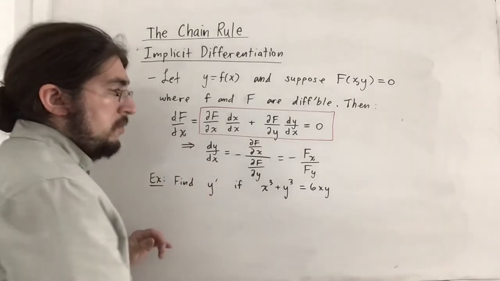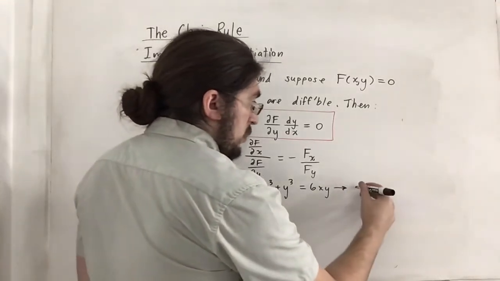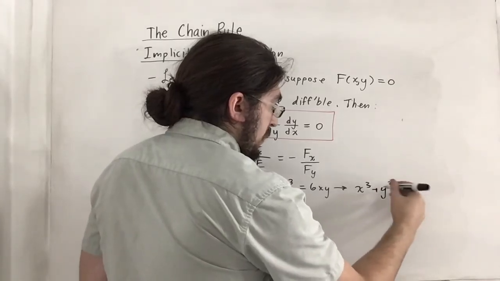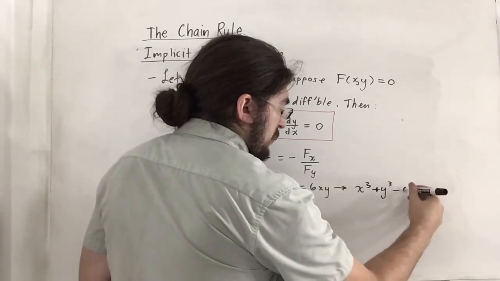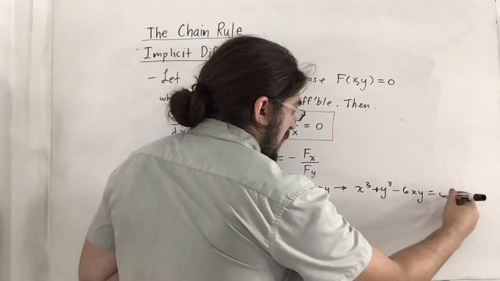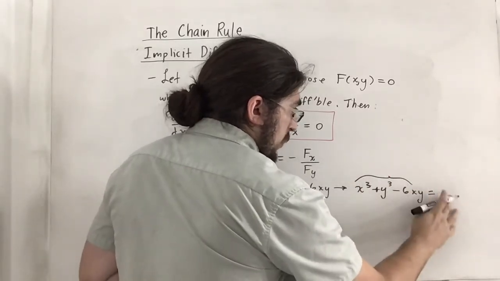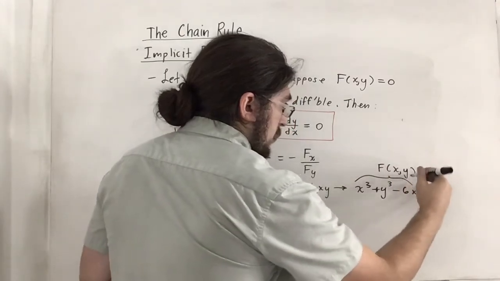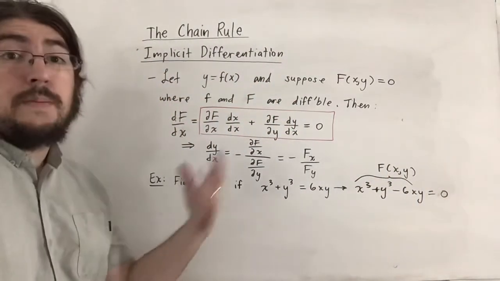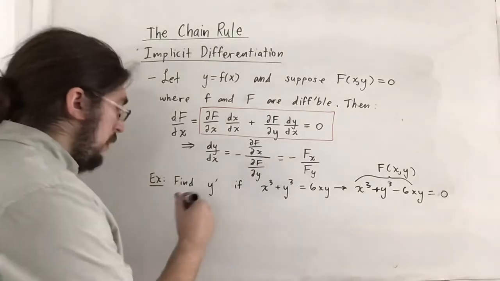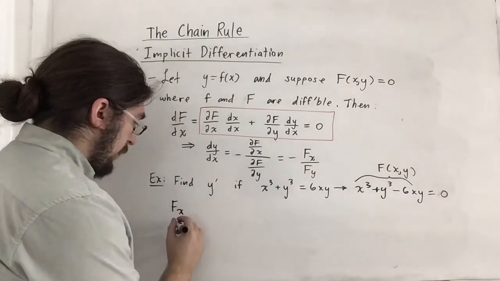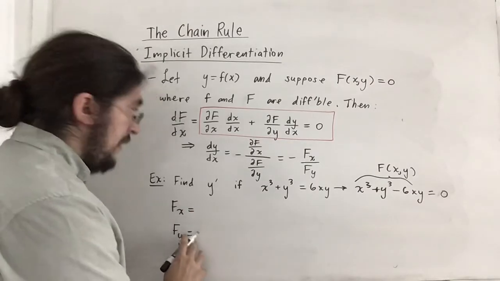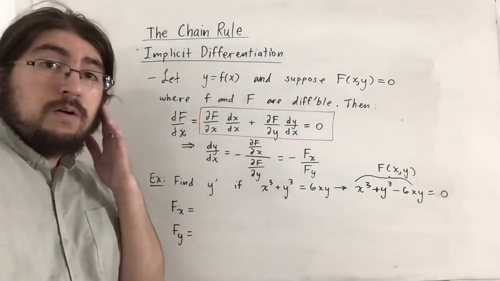But instead what I'm going to do is move everything to one side so the zero's on the other. So this is x cubed plus y cubed minus 6xy now equals 0. And the non-zero side is going to be what I call the large function, capital F of x, or capital F of x comma y really. So now it's up to us to find capital F sub x and capital F sub y. And then just using this result above, we're good.